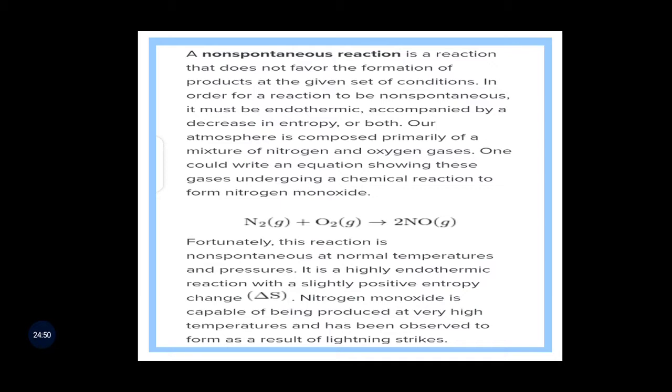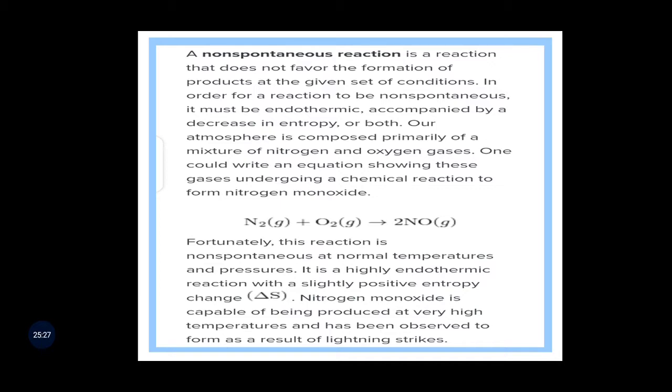Vice versa, if we say a reaction will be spontaneous if there is a decrease in enthalpy and increase in entropy, then for a reaction not to be spontaneous, there will be an increase in enthalpy and decrease in entropy. So in order for a reaction to be non-spontaneous, it must be endothermic, accompanied by a decrease in entropy, or both.